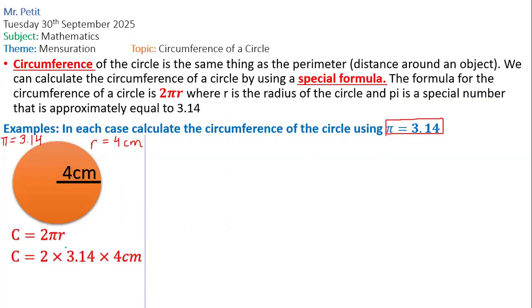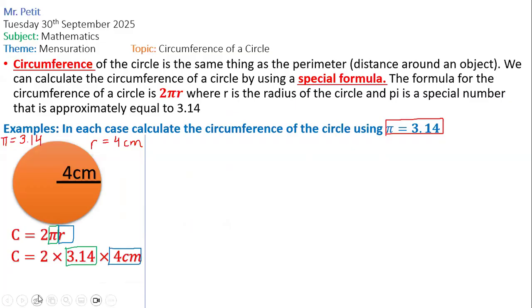Pi is 3.14. Very good. So we replace pi with 3.14. And we know that r is 4 centimeters, so whenever we see r, we put 4 centimeters. That's how we substitute it.